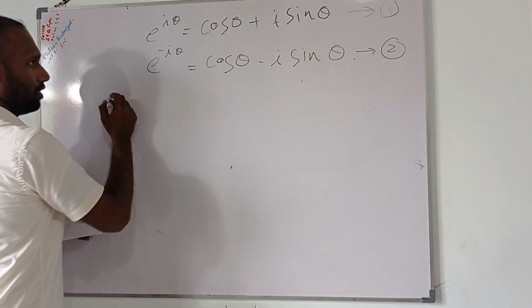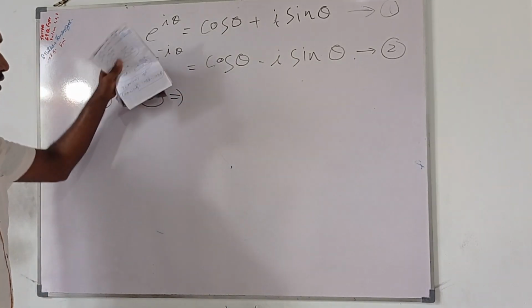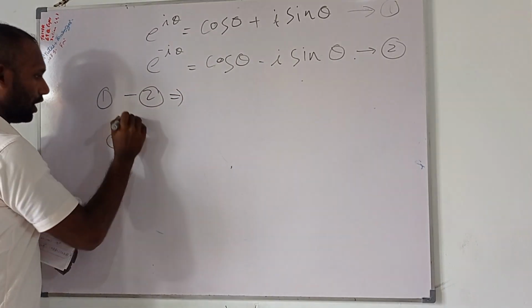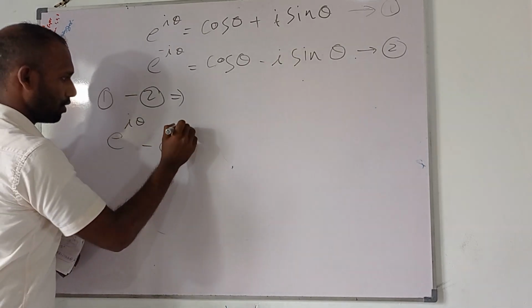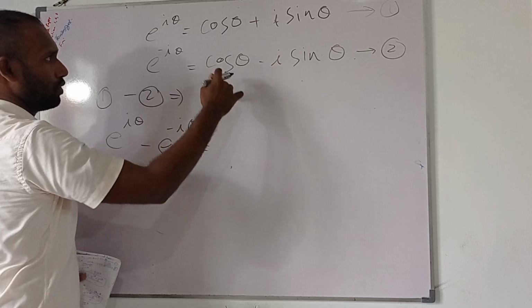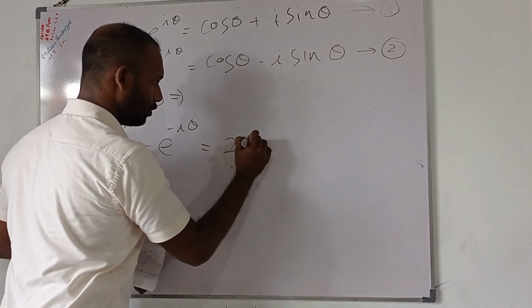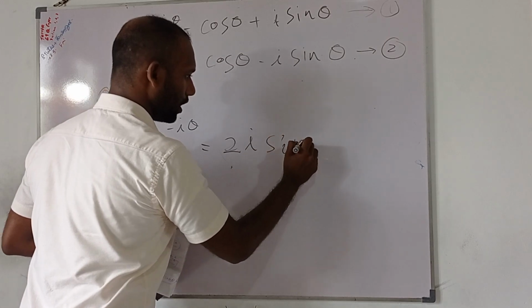So similarly 1 minus 2. So e to the power i theta minus e to the power minus i theta equals, these two terms cancel out and we get 2i sin theta.